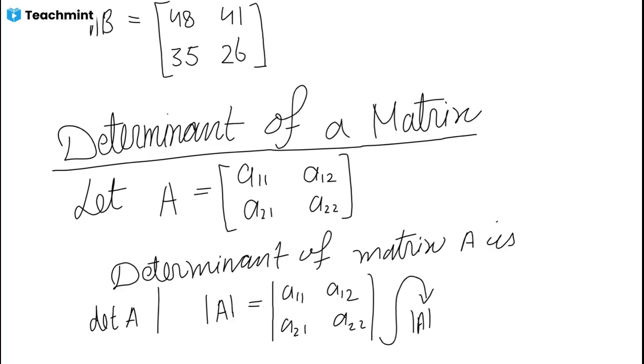Determinant of A is just A11 into A22 minus A21 into A12. You got it? This is for 2 by 2 only. Yes, we are doing first for 2 by 2, because this is a 2 by 2 matrix.